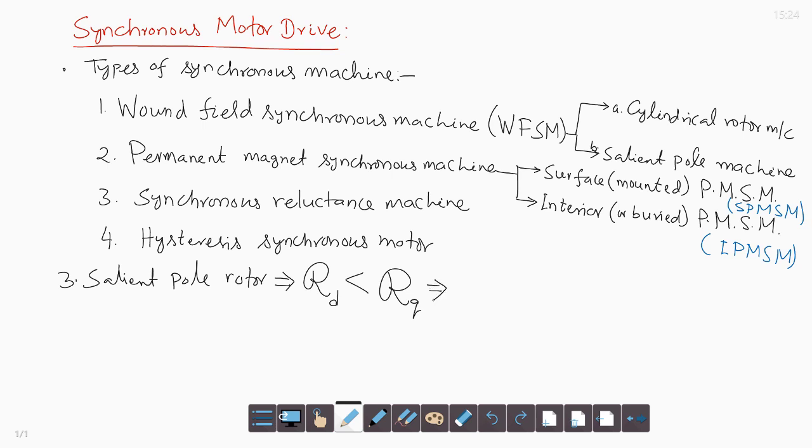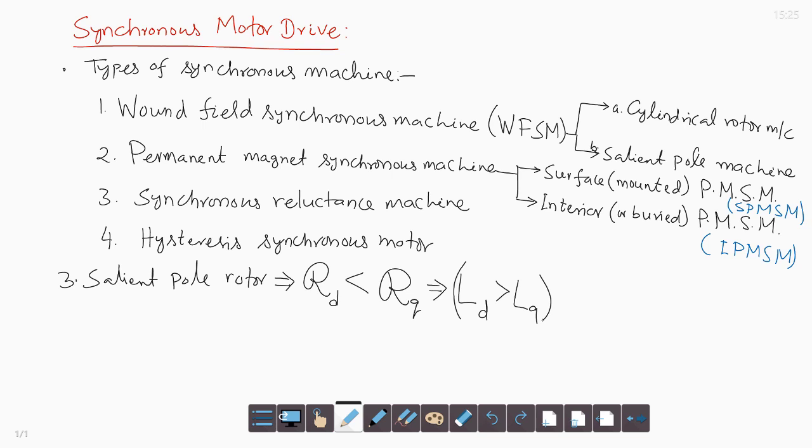So, this indicates there will be more flux along the direct axis and less flux along the quadrature axis. And because inductance is the ratio of flux to current, inductance along the D axis is more than inductance along the Q axis, LD is greater than LQ.